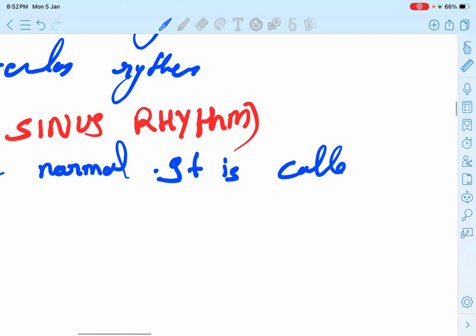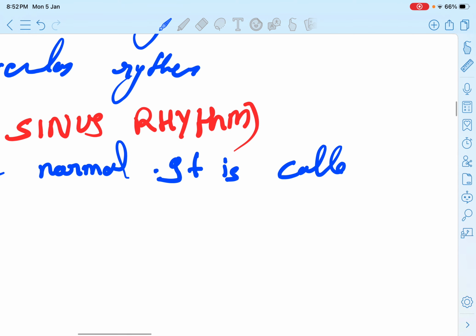And then atrial fibrillation: if you notice there is no P wave and an irregular rhythm, this is a risk of stroke. Then ventricular tachycardia and ventricular fibrillation.